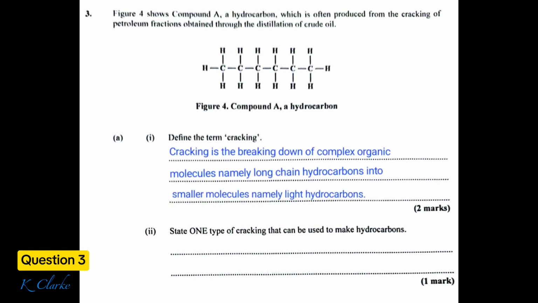Cracking is the breaking down of complex organic molecules, namely long-chain hydrocarbons, into smaller molecules, namely light hydrocarbons, which have shorter chains. I. State one type of cracking that can be used to make hydrocarbons. The answer is catalytic cracking or thermal cracking.